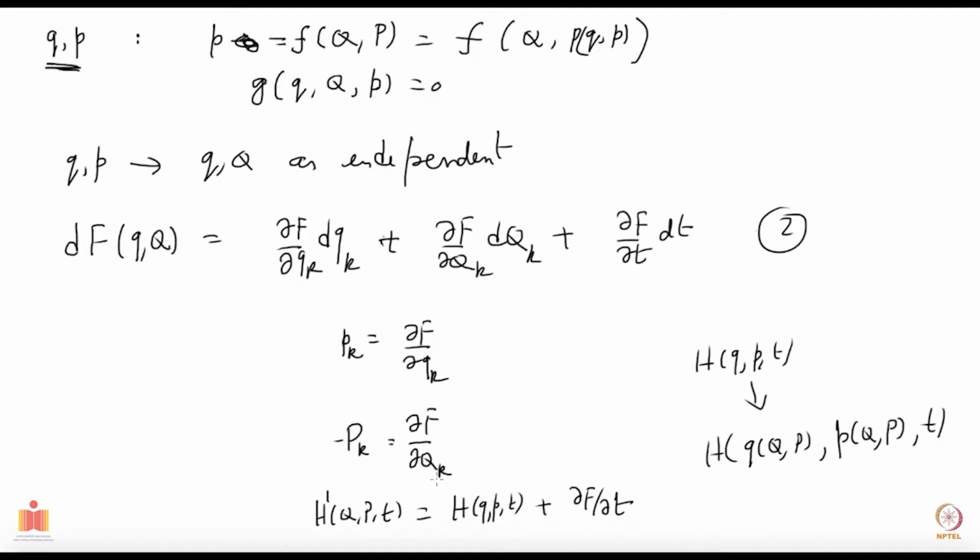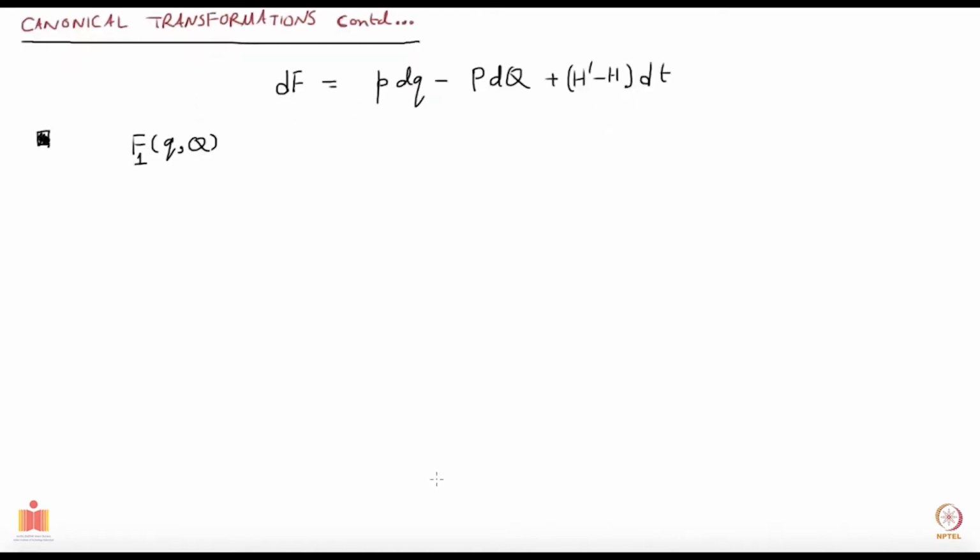So let's write this down here. If this choice is made, then we saw that we have del f1 over del q.